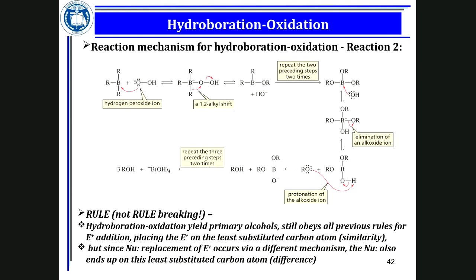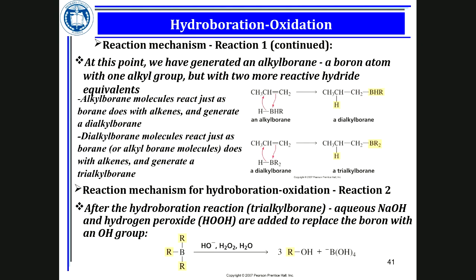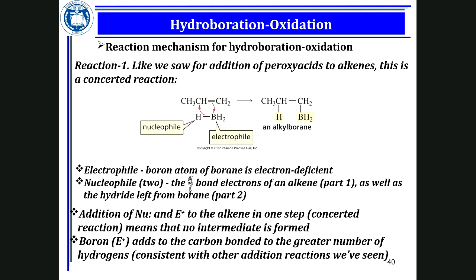So for hydroboration oxidation, if you want to look at the mechanism for this reaction, the BH3 is going to act as an electrophile. Hydrogen is going to attach to the least substituted carbon, and the BH3 is going to attach to the more substituted carbon.